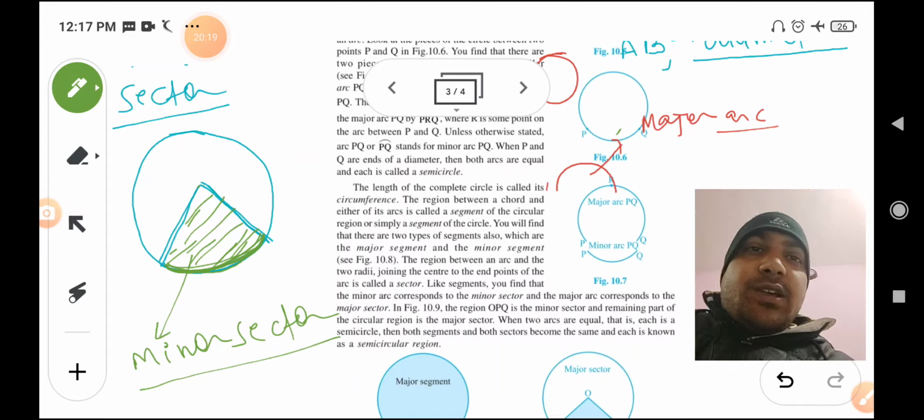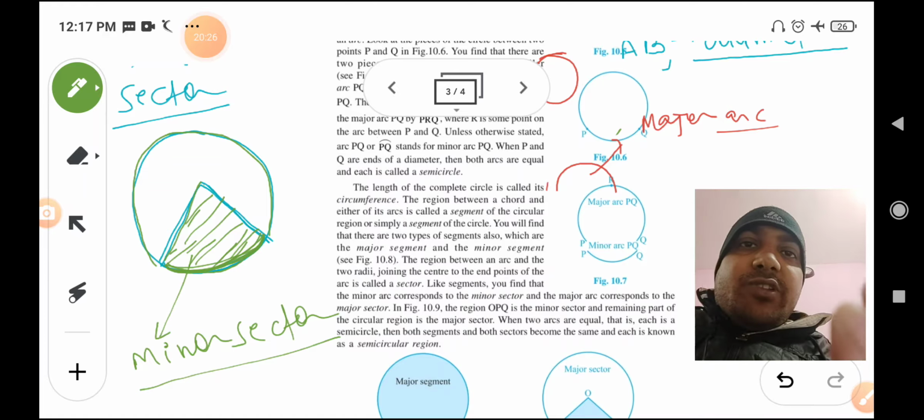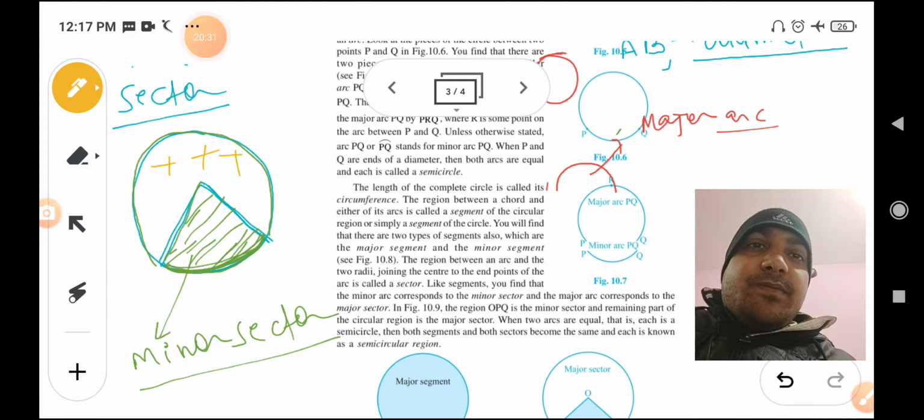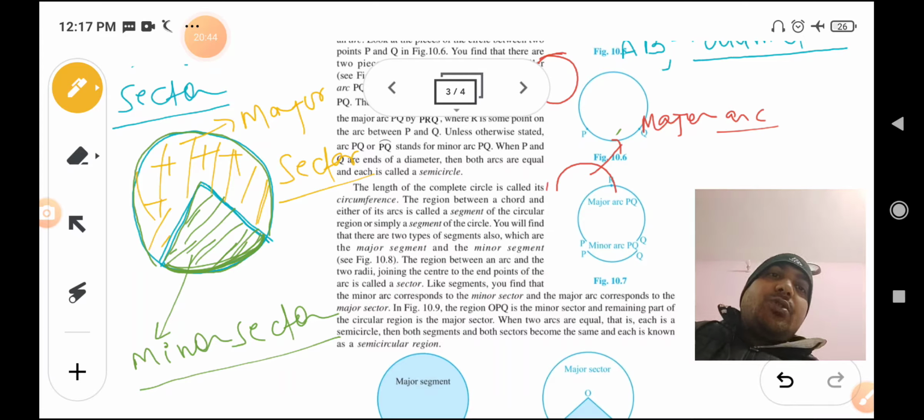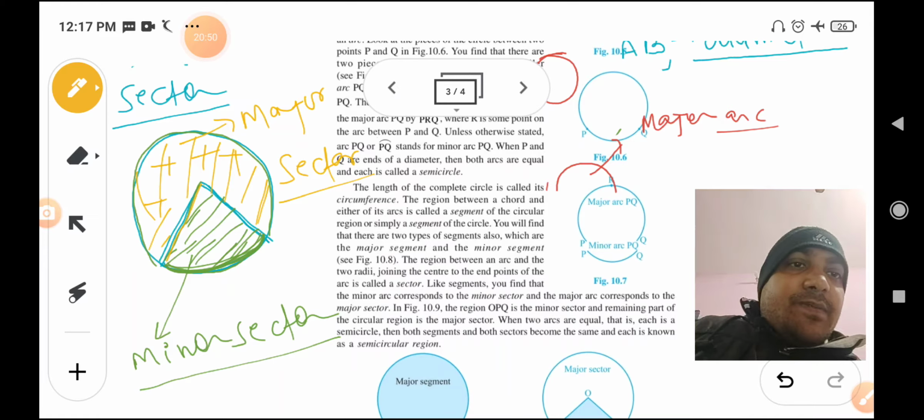Similarly, this region is made of a major arc and two radii, so it is known as the major sector. Is it clear to everyone? Okay. So this is the minor sector and this is the major sector.